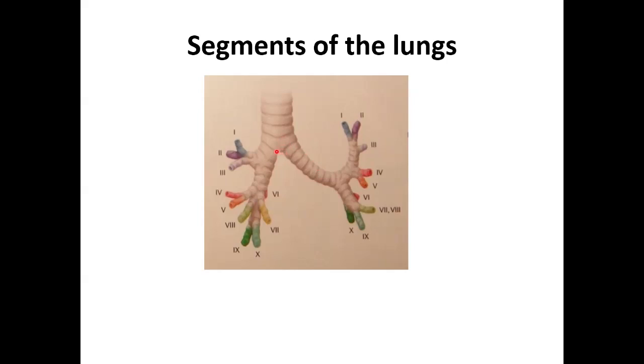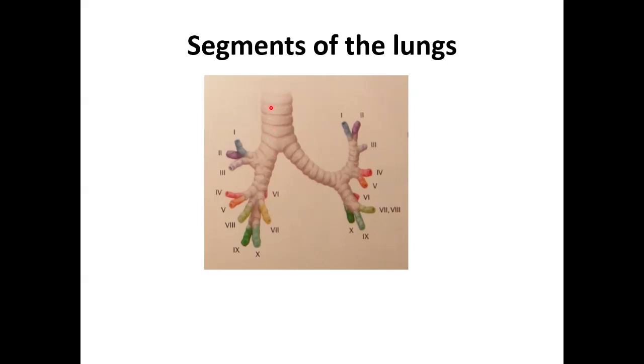So, if I ask you, for example, a child been playing with any small toys swallowed this toy, it enters not into the esophagus, but into trachea, where it could be found during bronchoscopy, in right bronchus or in left bronchus.